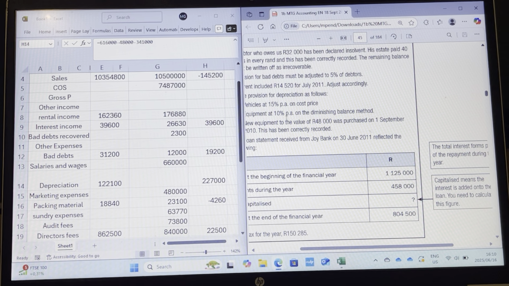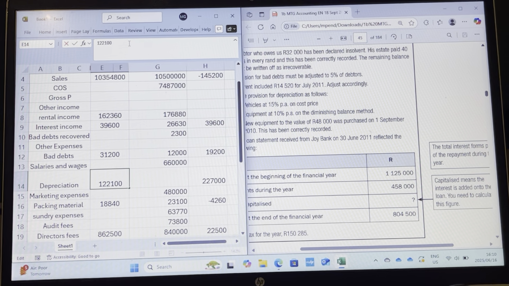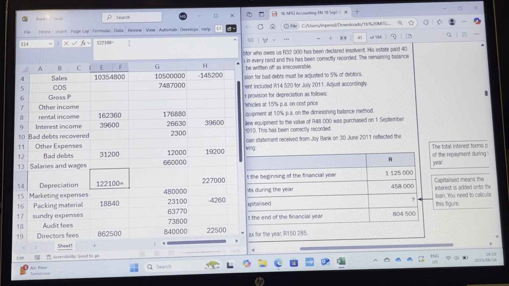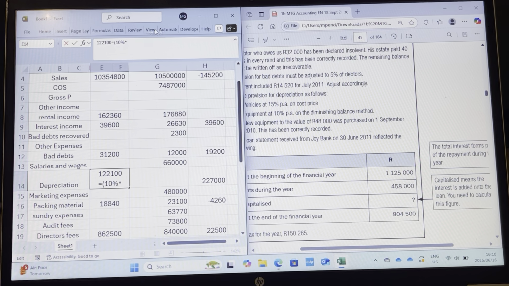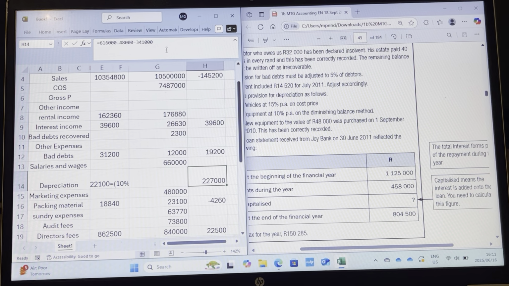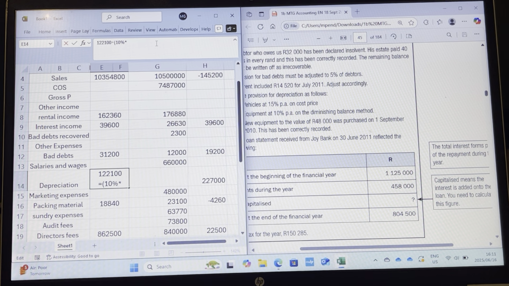Yes, it's 10% per annum, meaning that I need 10% of 227,000.